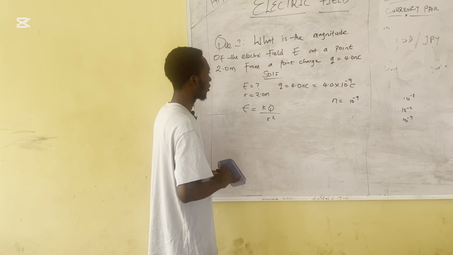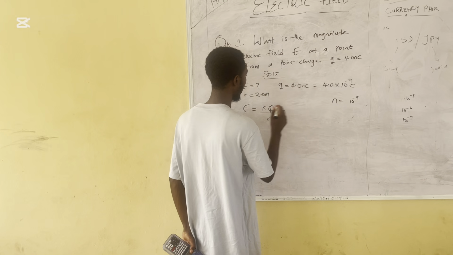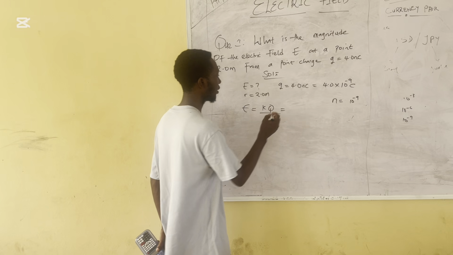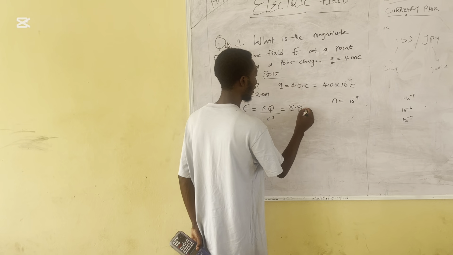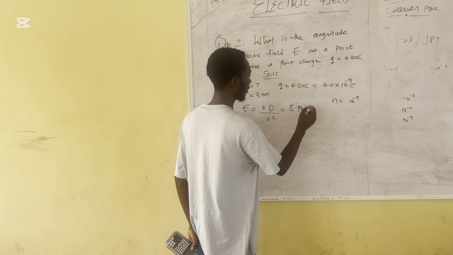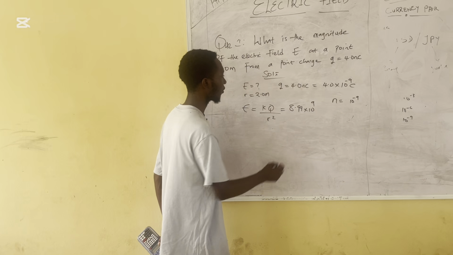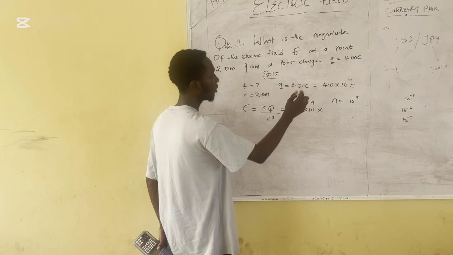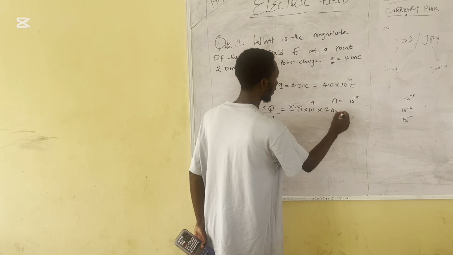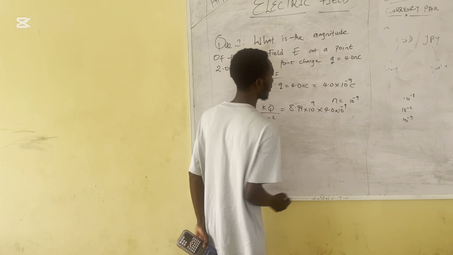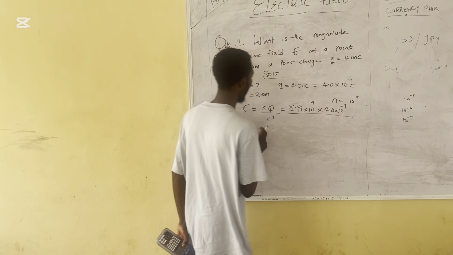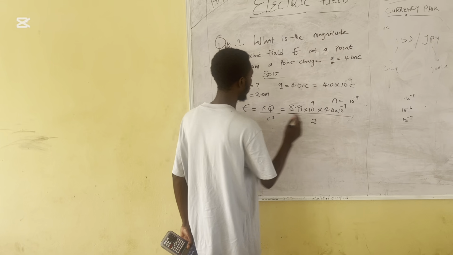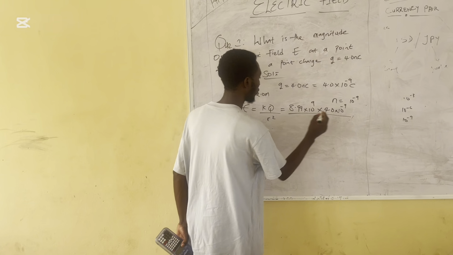Let's solve. So our E will now become, I believe we already know our K, it's a constant, 8.99 times 10 raised to power 9, times our Q, which is 4.0 times 10 raised to power minus 9, over our R, which is 2. There is a square in the formula, so we have to square it.